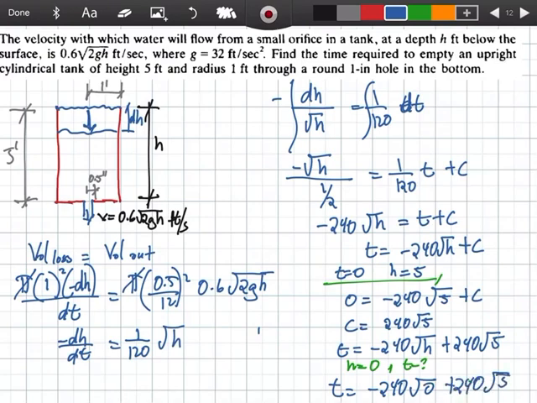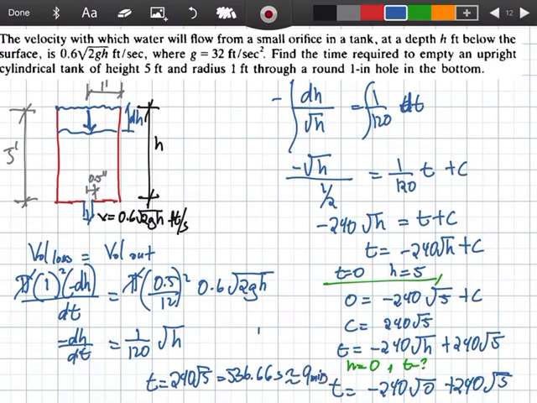Square root of 0 is 0. So, ang magiging t natin ay 240 square root of 5, 536.66 seconds. So, kung kukunin natin yan in minutes, divide it by 60, it is 8.9 minutes or approximately 9 minutes.